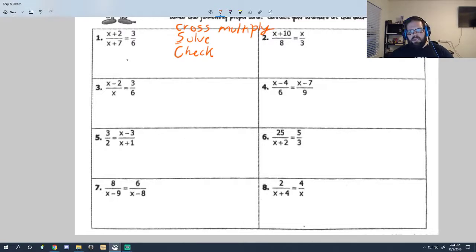It's not rocket engineering when it comes to cross multiplying, solving, and check. Just make sure that you do your crisscross, write out your problem, solve using your balance, and then put your solution into the x.